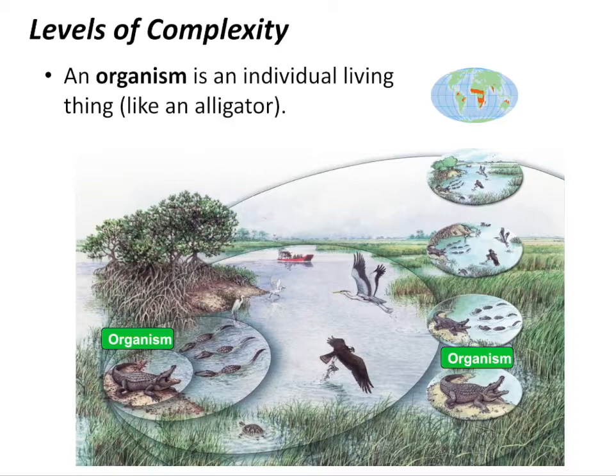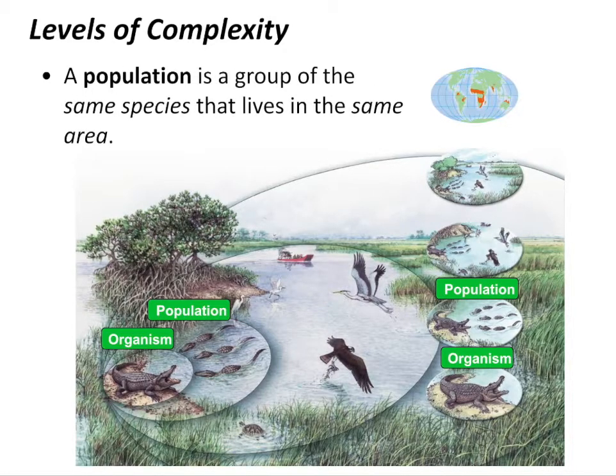So an organism is an individual living thing, like this alligator here. And then that organism is part of a population. So a population is a group of the same species that lives in the same area.